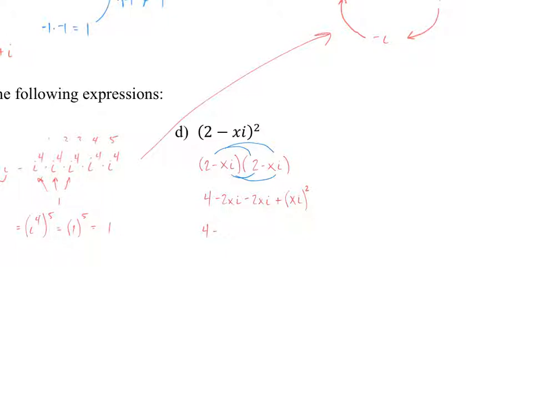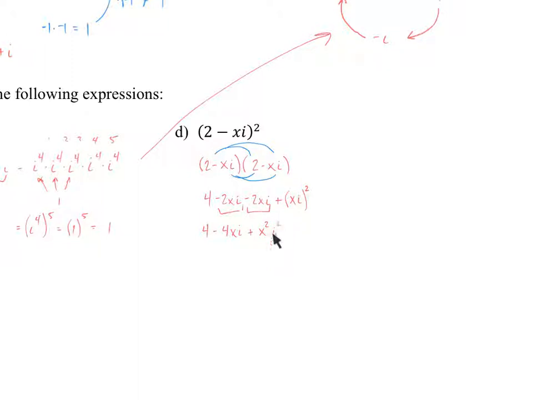So let's begin simplifying this. 4 minus, well, 4xi, right? Because I have negative 2xi and another negative 2xi. So that's just negative 4xi. I'm going to break this piece apart so that I have x squared times i squared. Don't forget that that exponent applies to both of these things. Okay, now the thing I need to simplify is this i squared that's here.